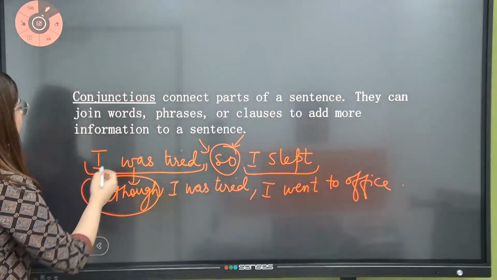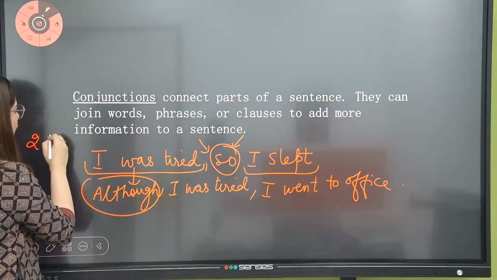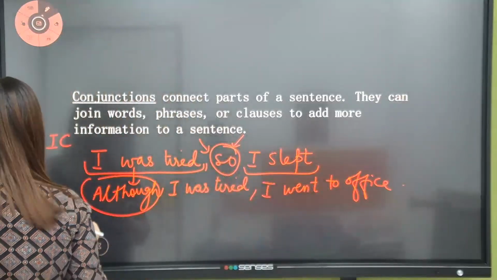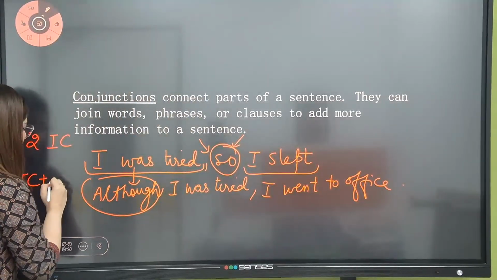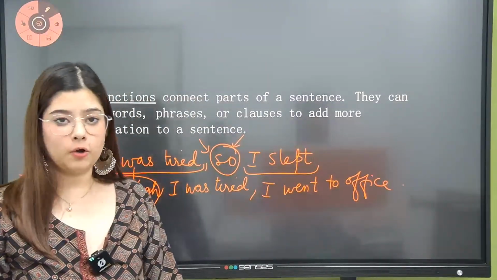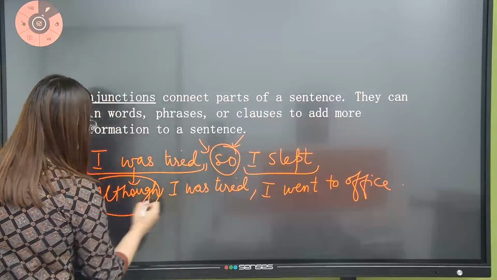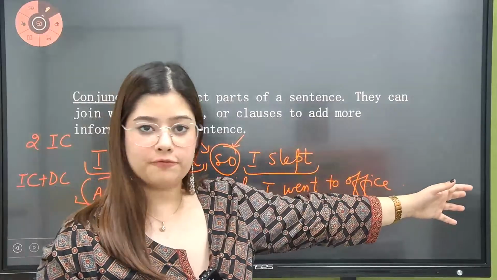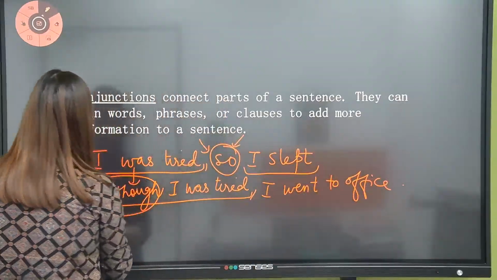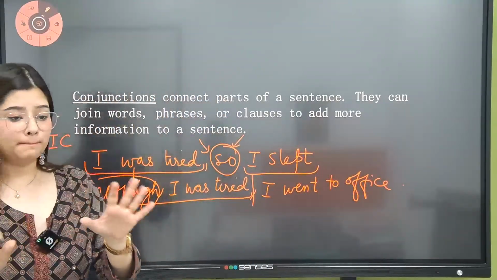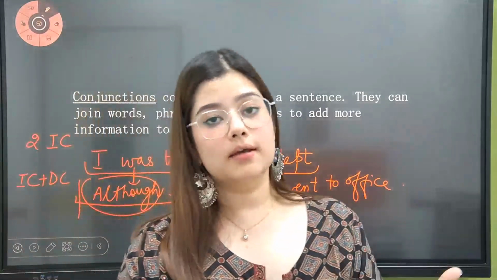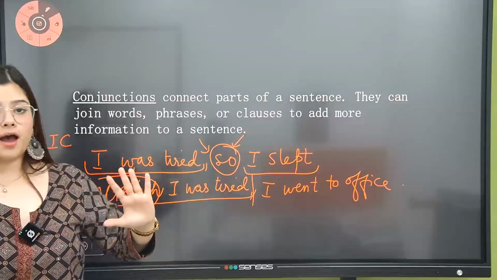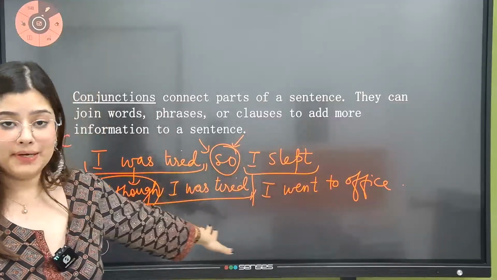So coordinating conjunctions link two independent clauses, while a subordinating conjunction links an independent clause with a dependent clause. What do we mean by a dependent clause here? Although I was tired. Now, this sentence, if I do not add any extra information after it, would not make any sense in itself. This is an incomplete sentence.